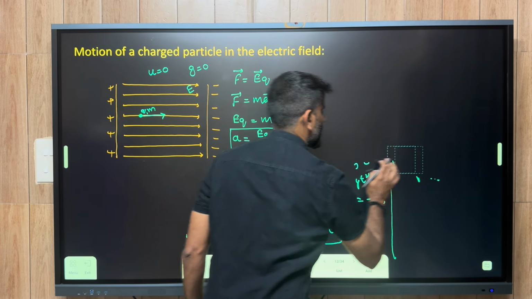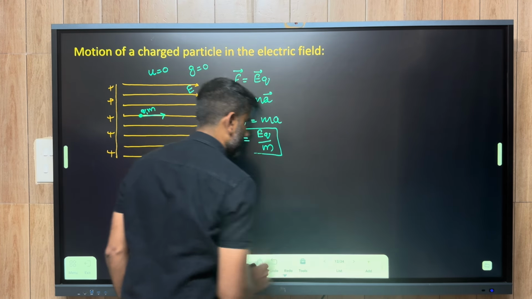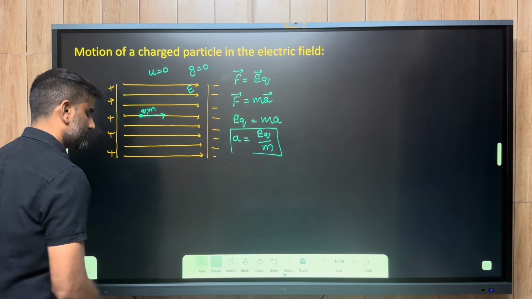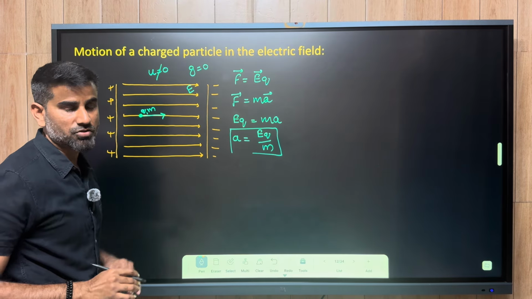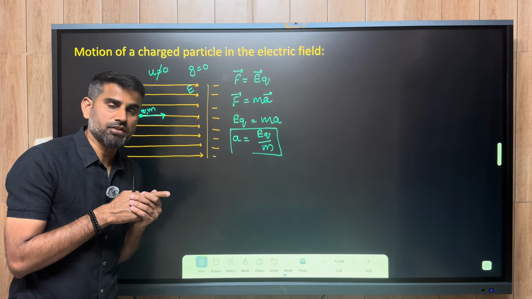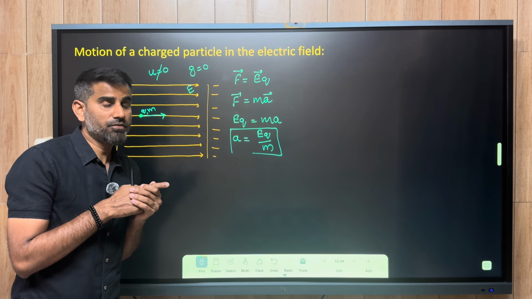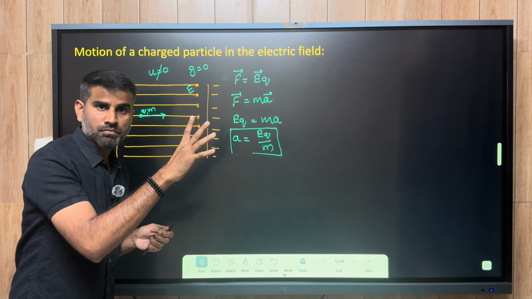Right. Okay. So in the coming case, I'm going to consider u is not equal to 0, g is equal to 0. That means I have shot the charged particle with a certain initial velocity. In the previous case, I had just left the charged particle at rest.